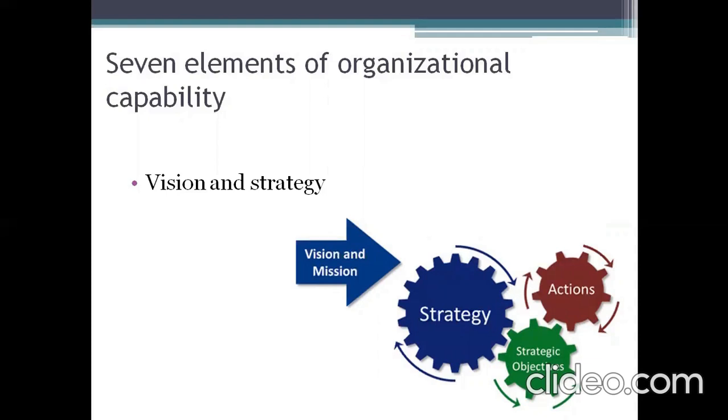So we need to identify for what particular reason the company has been established, and what goal we want to achieve through this institution, and that's how our efforts have to be led towards the achievement of the objective set by the company.